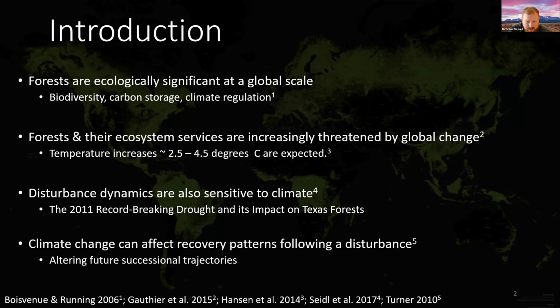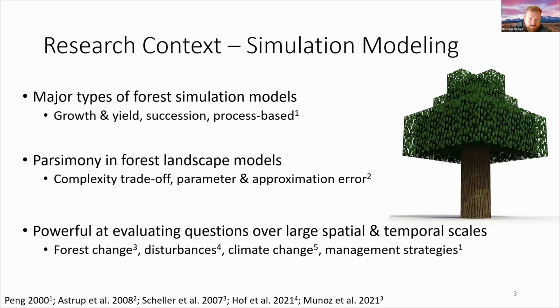Late successional environments may seem unresponsive to change, while the underlying regeneration niche may be shifting. Before diving into the research, I want to quickly touch on simulation modeling as a whole. Major types include growth and yield, succession, and process-based simulation models. And it's also important to highlight the principle of parsimony here, which ensures model simplicity while also capturing adequate representation of the processes being studied.